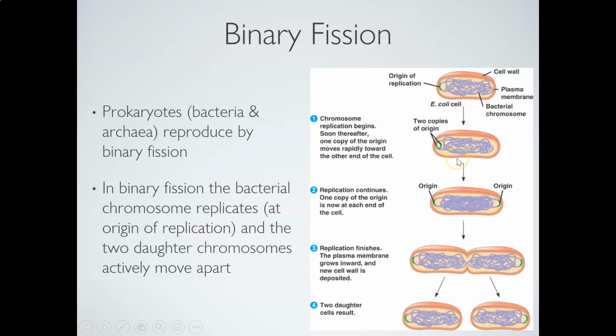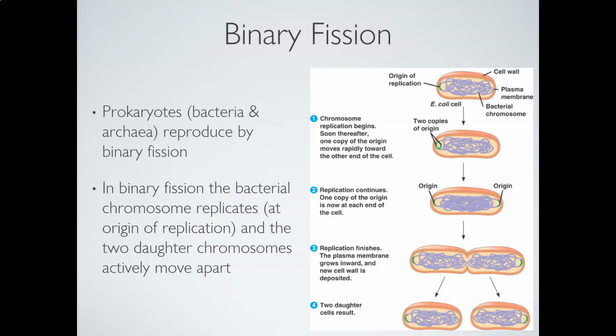Now, when we look at the replication of that bacterial chromosome, it is going to have to start at what we call the origin of replication. So keep in mind that your prokaryotic cell's genetic information, they have a single chromosome as opposed to multiple chromosomes that we typically see in eukaryotic cells. The other thing is that that prokaryotic chromosome is also circular, so it loops back on itself rather than the linear chromosomes that we see in eukaryotic cells.